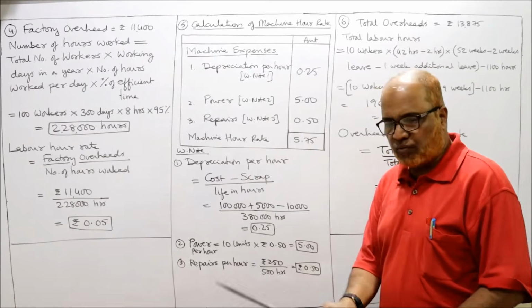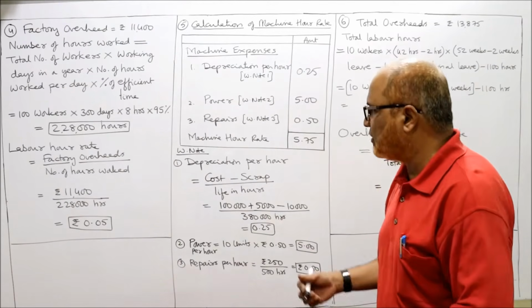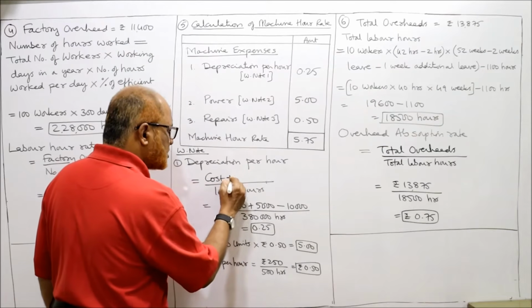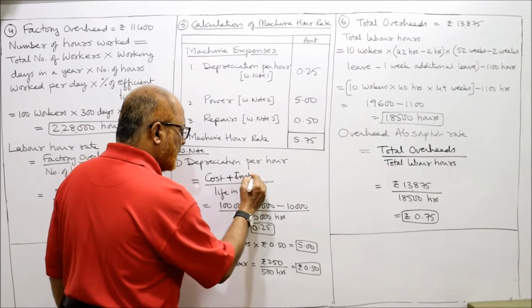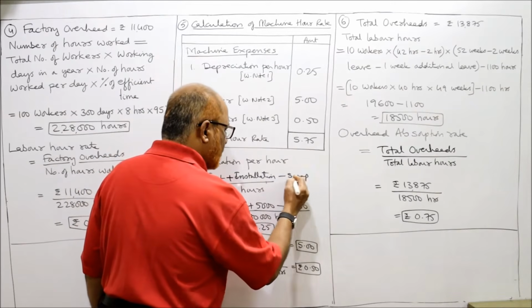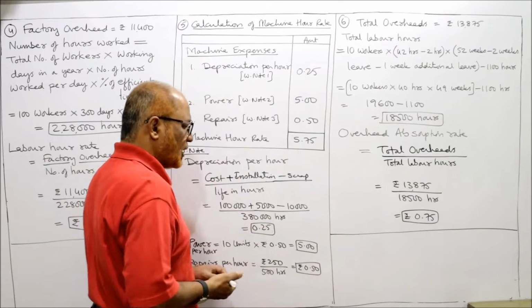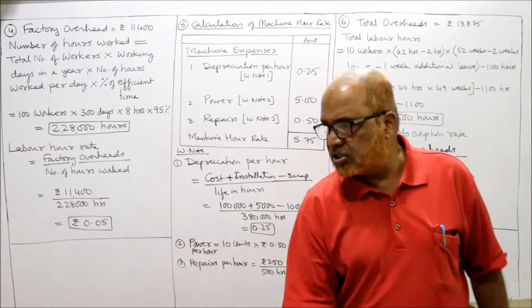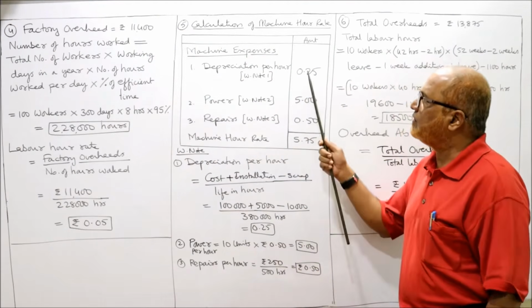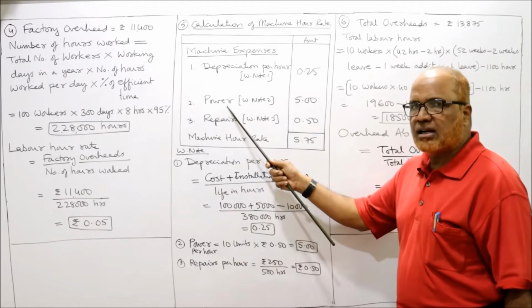So 0.25. I'll make a slight change in the formula here because installation charges are given. So I'll take cost plus installation minus scrap. This will be better because we have the installation charges. So 0.25 is the depreciation per hour. Now power consumption.